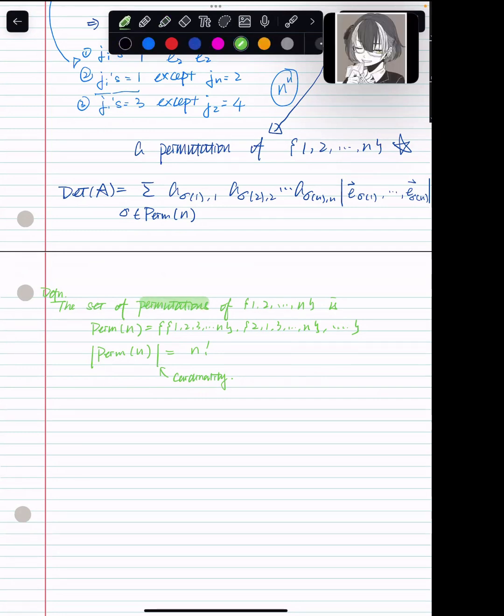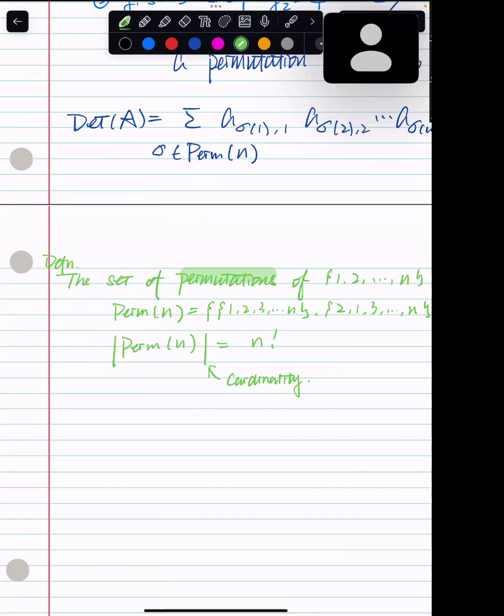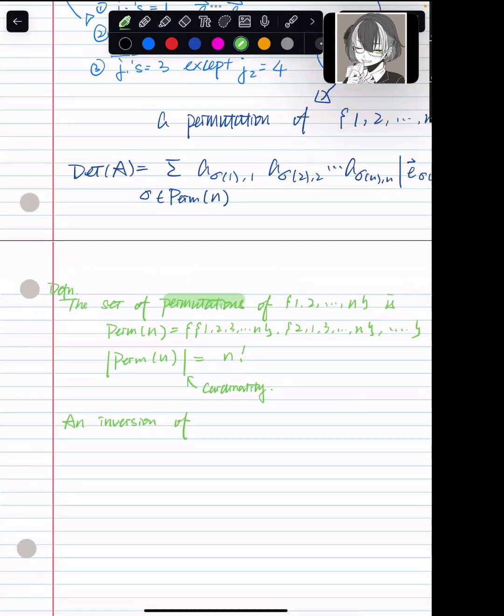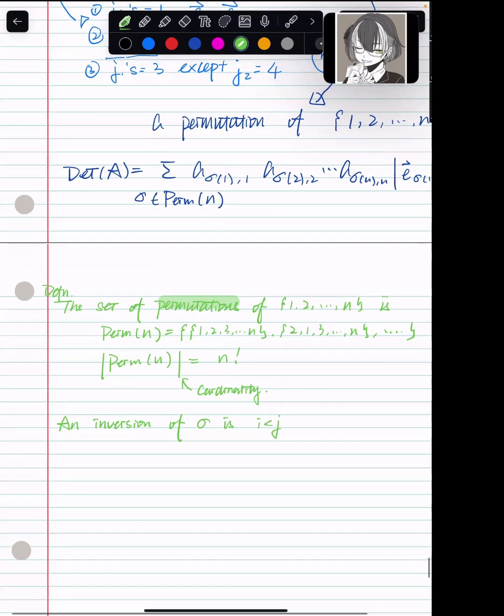The second definition is inversion. So we say an inversion of a permutation sigma is when i is smaller than j, but sigma i is greater than sigma j.